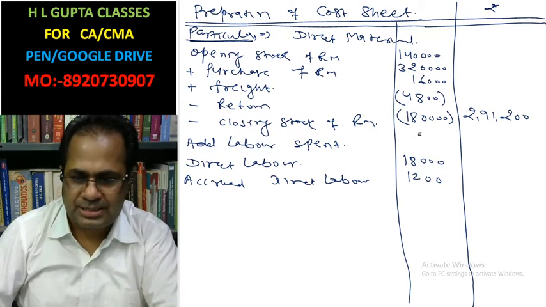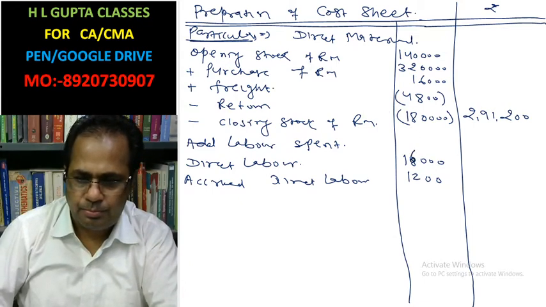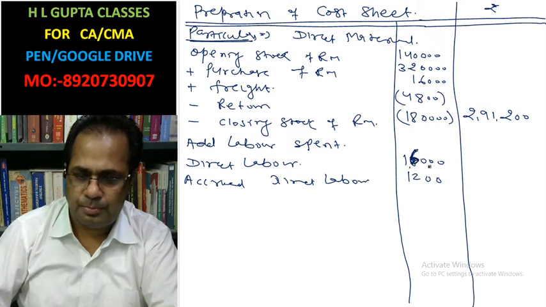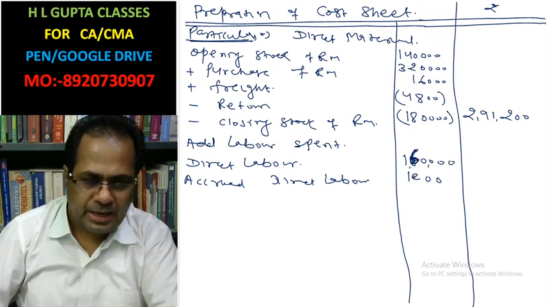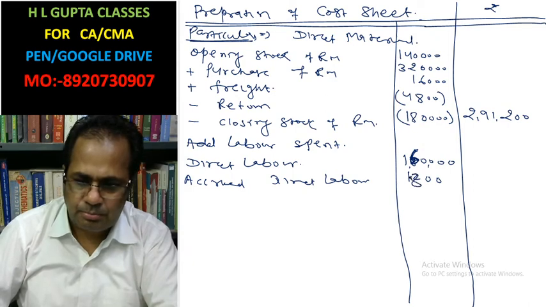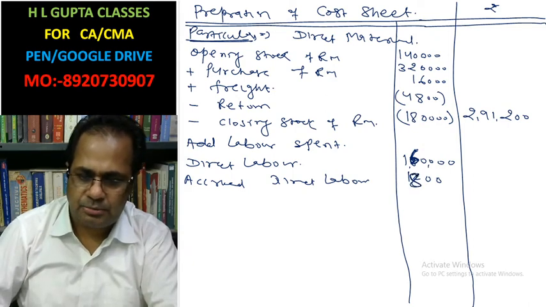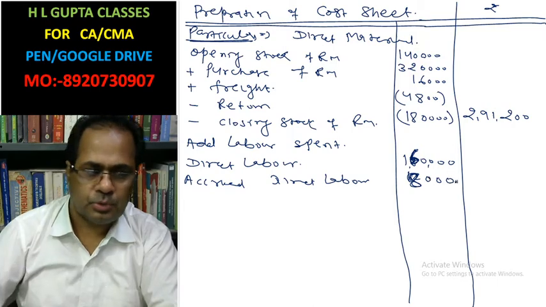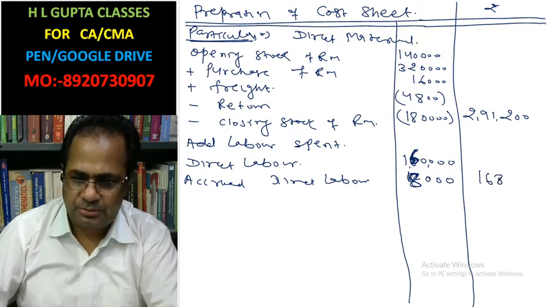Direct labor 1,60,000, and this is 8,000. This is your 8,000. Total 1,68,000.